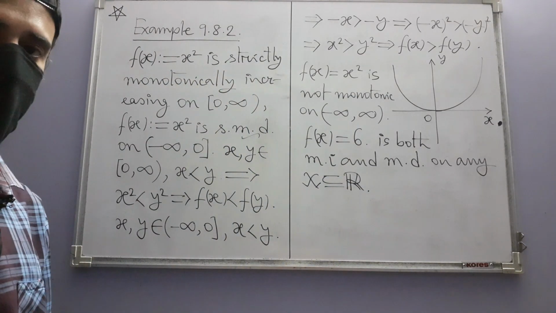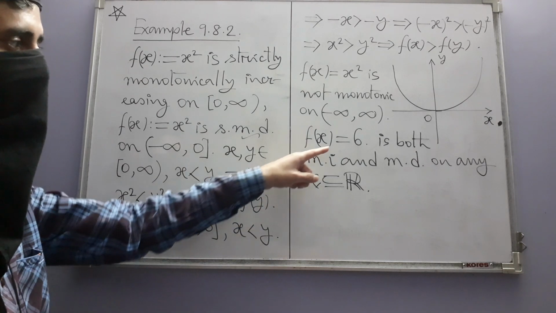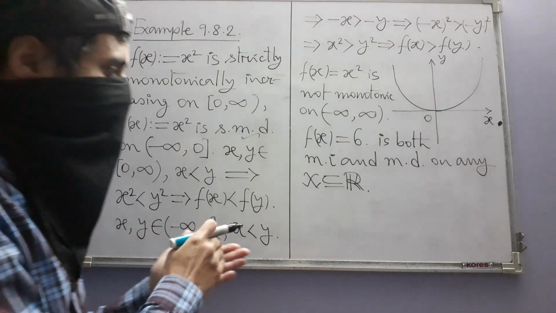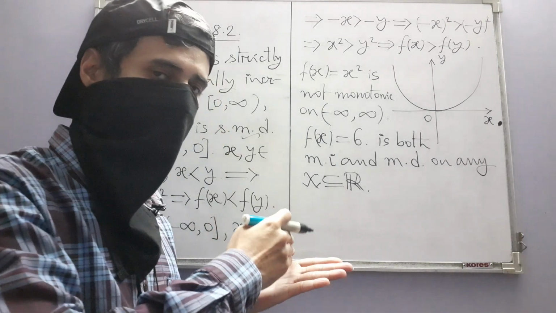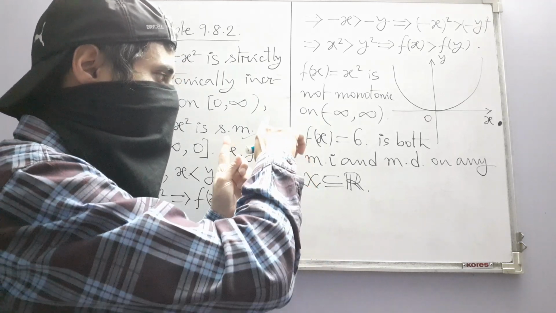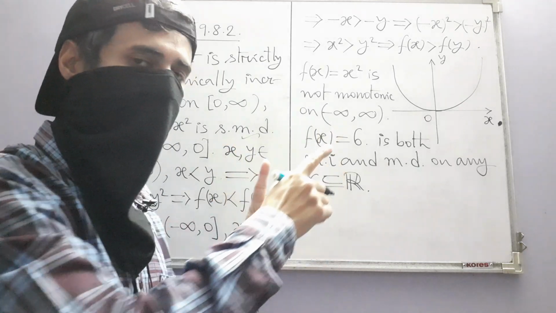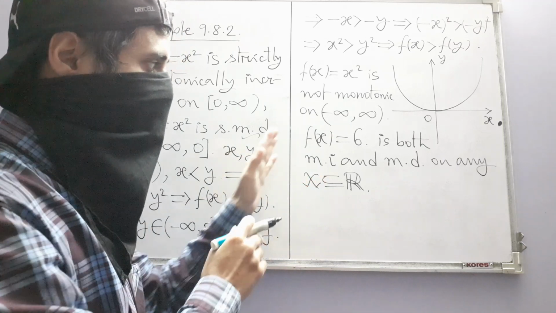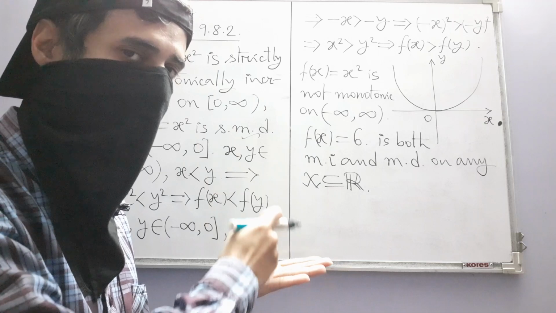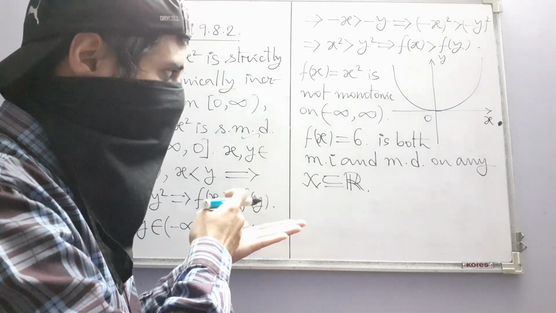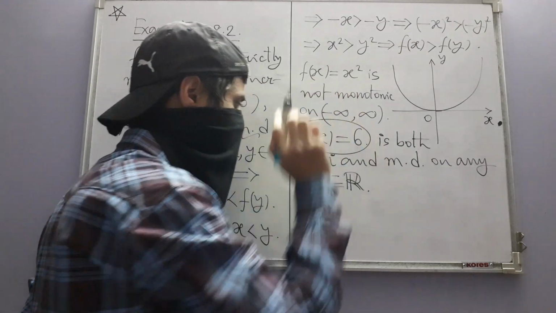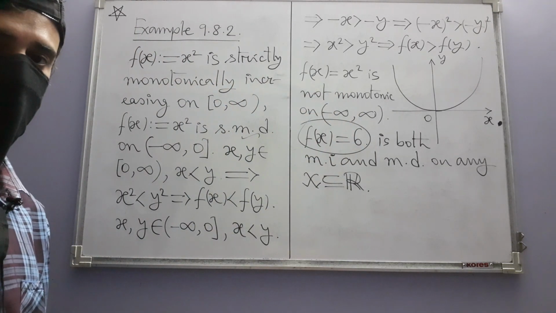Why is that so? You see, the condition for monotonic increase is that when your inputs are in some order, say x is less than y, then the corresponding outputs should also be in that order, but there we need not have strict inequality. We have f of x less than or equal to f of y. That possibility for equality makes this monotonically increasing.